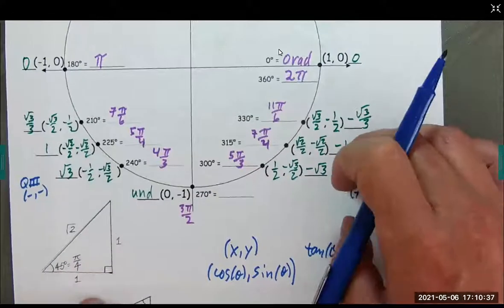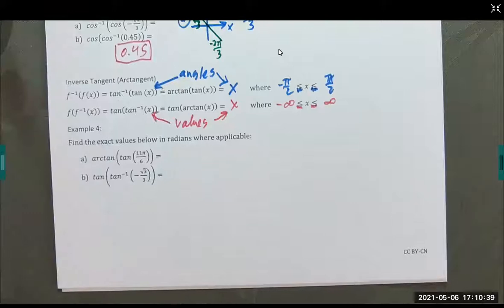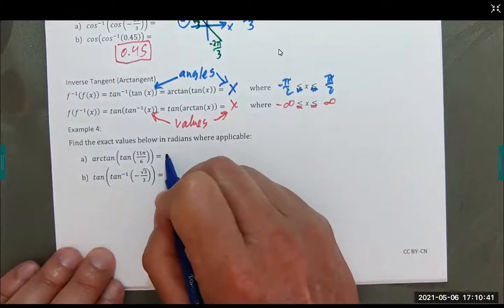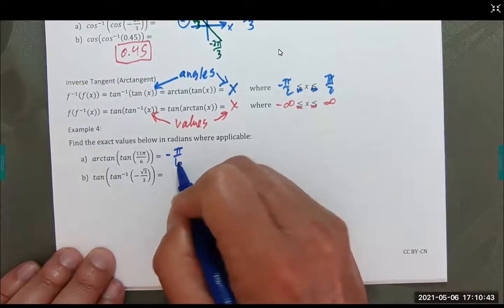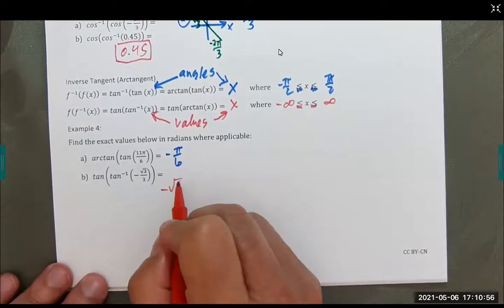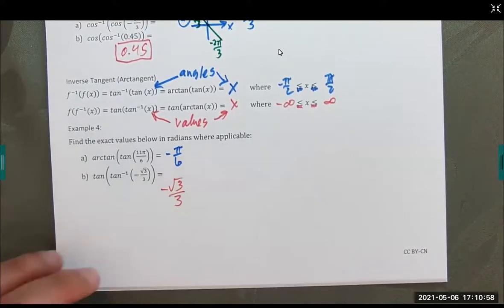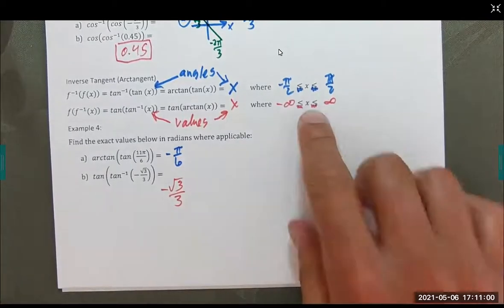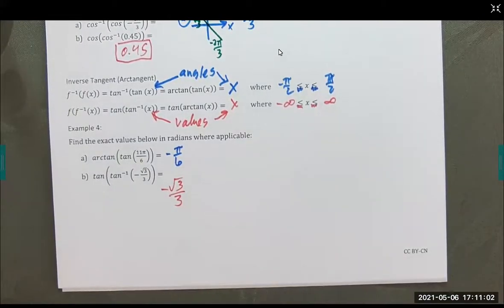And that's going to get me in quadrant 4 between negative pi over 2 and pi over 2. So this is going to be negative pi over 6. And the tangent of the inverse tangent of negative root 3 over 3, very nicely, it's just negative root 3 over 3. Because those x values can be from negative infinity to infinity, no problem.